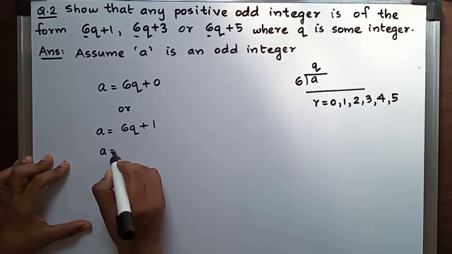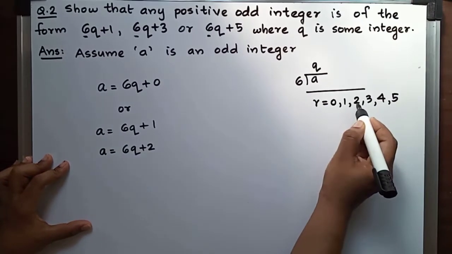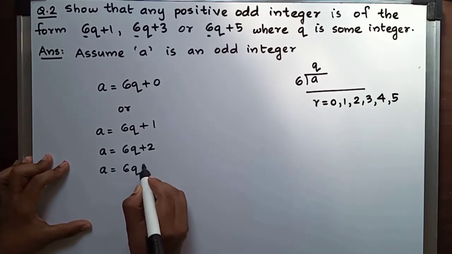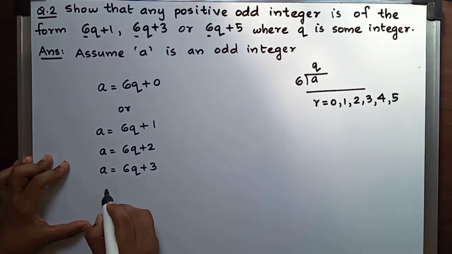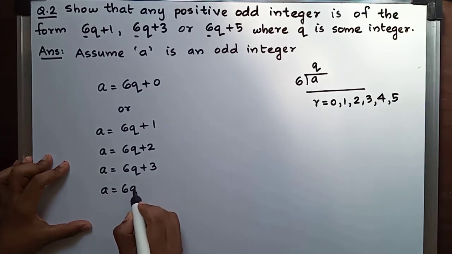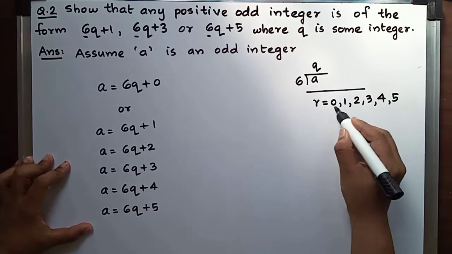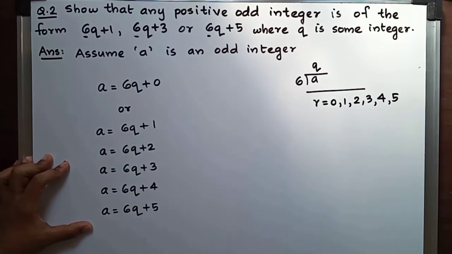Or A can be taken as 6q plus 2. That means remainder is 2. Or we can take A as 6q plus 3, where remainder is 3, like that. A can be taken as 6q plus 4. Or it can be taken as 6q plus 5. Okay, finished. All these remainders we have taken into our consideration, right?